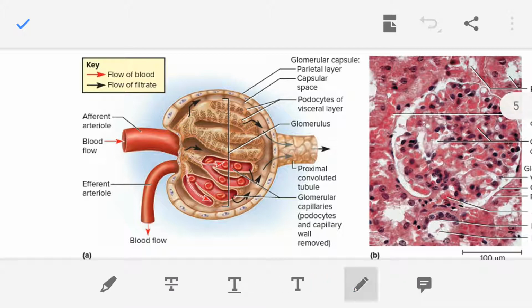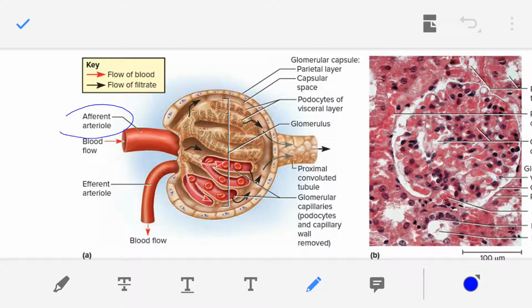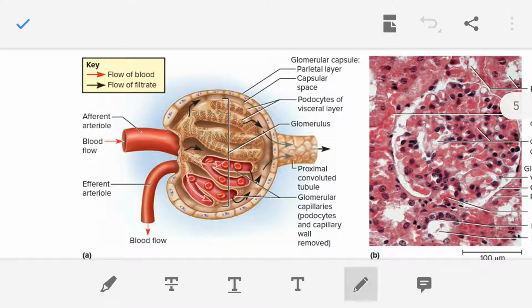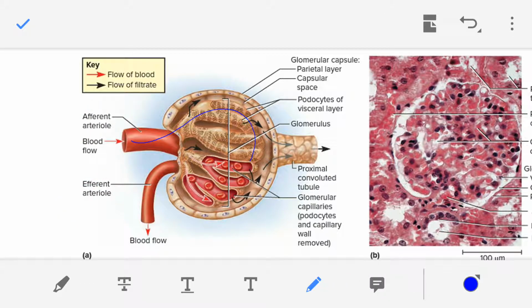So here the diameter is larger, and in the capillary very small, and here also the smaller diameter is present. Due to this difference in diameter, the blood that flows in all this glomerular capillary flows with a pressure.